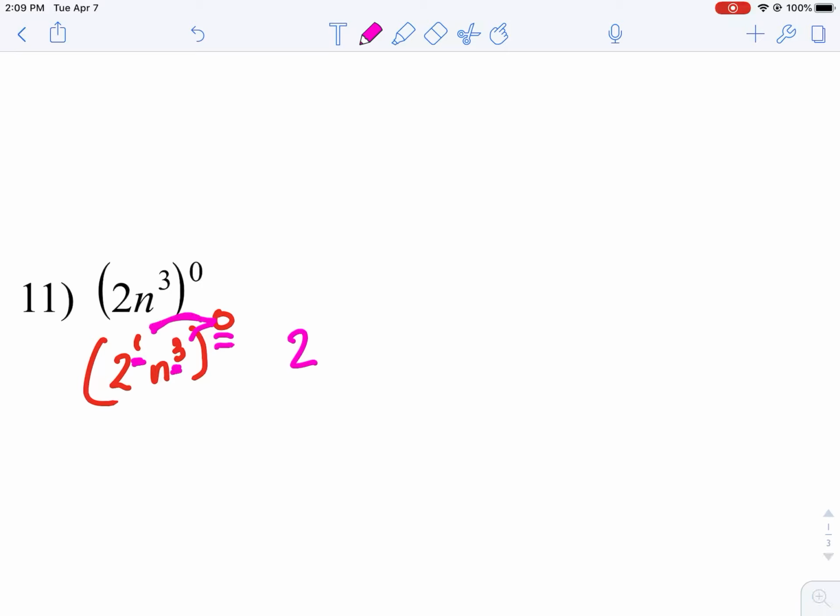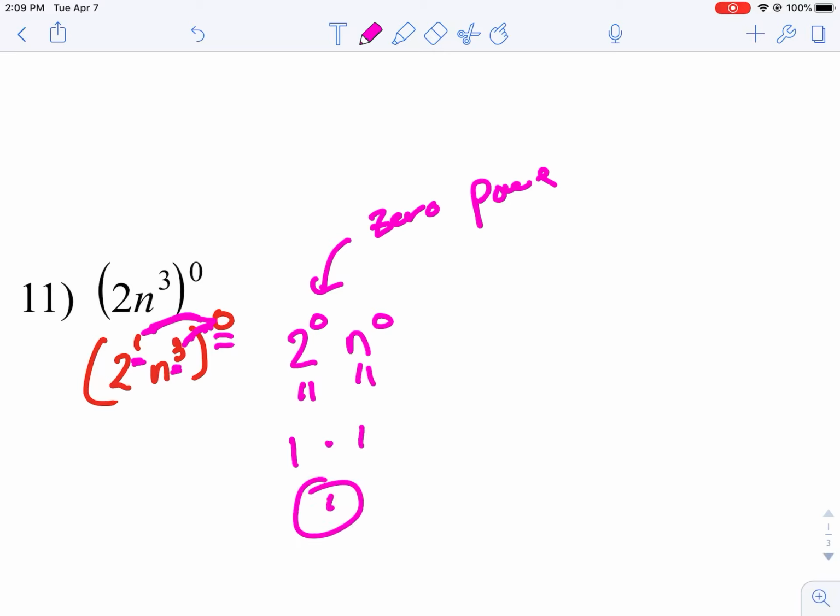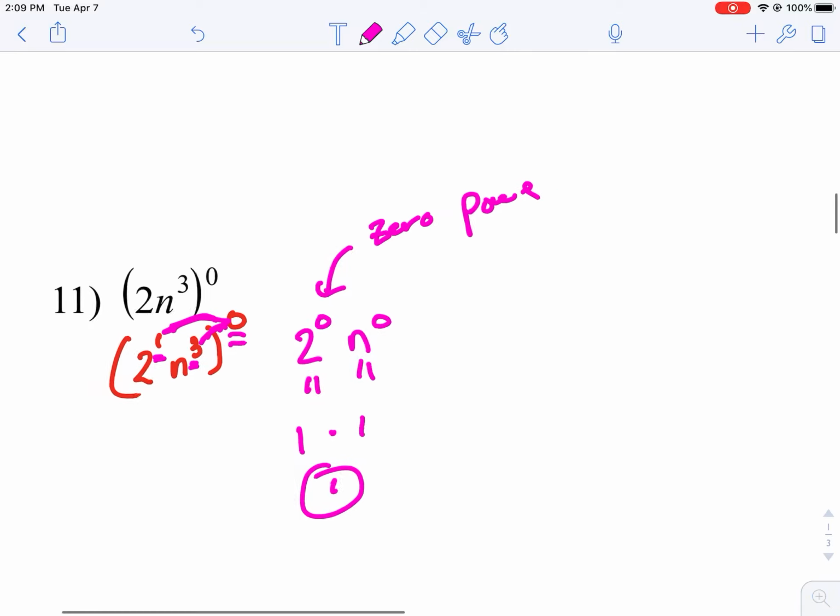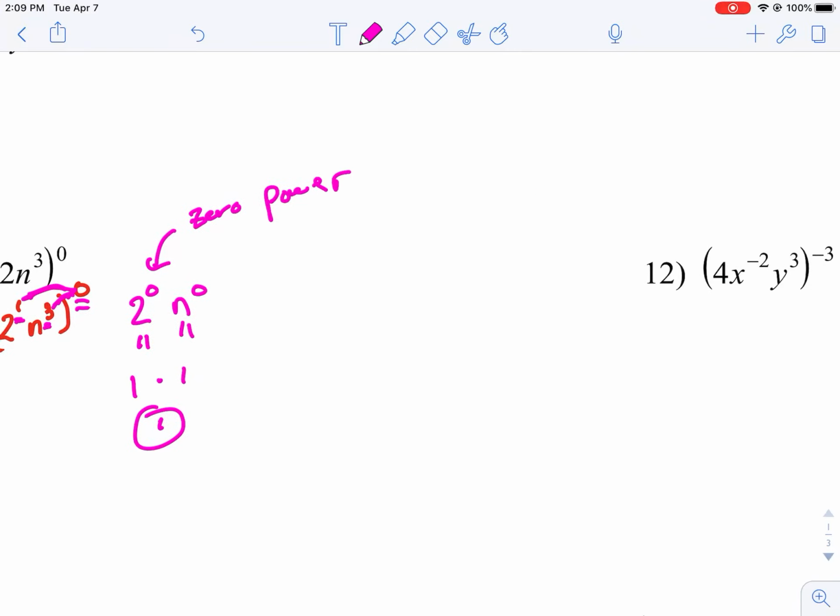So that 1 becomes 1 times 0, which is 0. And 3 times 0 is 0. And then if you recall, anything to the 0 power equals 1. So n to the 0 equals 1, and 1 times 1 is 1. That one's simplified down quickly, okay?